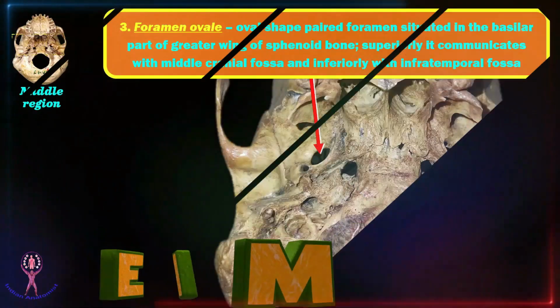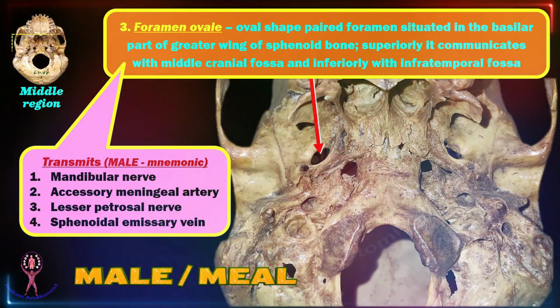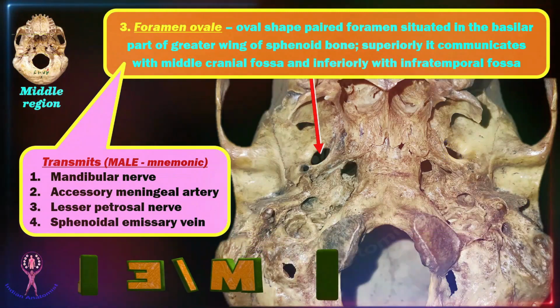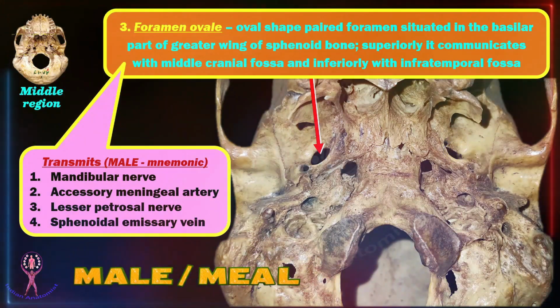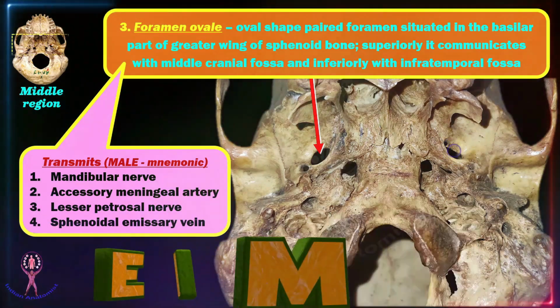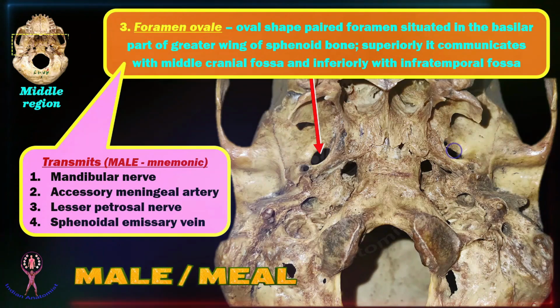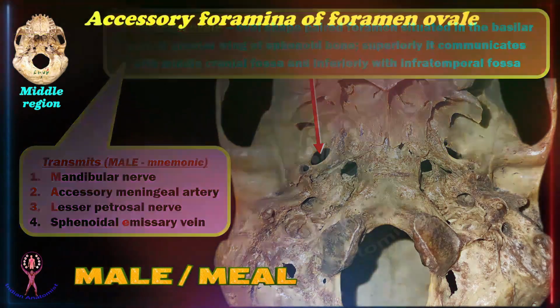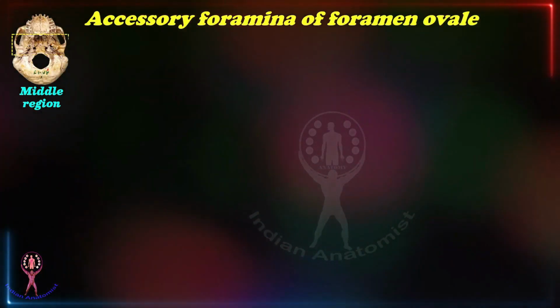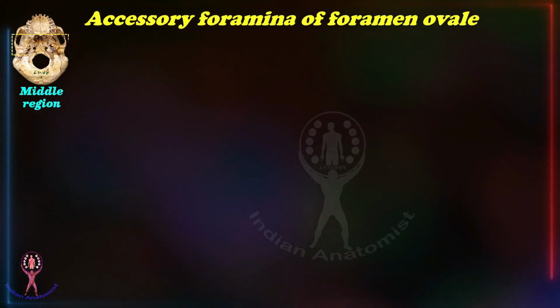The structures passing through foramen ovale can be remembered by a mnemonic MALE or MEAL. The structures transmitted through the foramen ovale are mandibular nerve, accessory meningeal artery, lesser petrosal nerve, and sphenoidal emissary vein. Occasionally, there may be foramina present anterior or posterior to the foramen ovale.